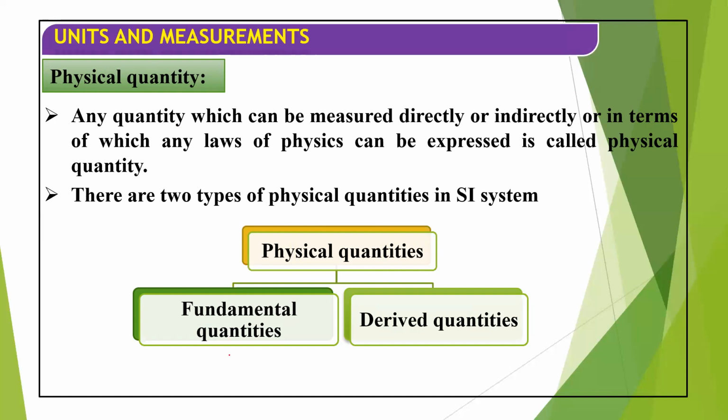One is the fundamental physical quantity, and the second one is the derived physical quantity. When you see the word derived, I hope you have some idea, but need not worry, we will understand what a derived quantity means.